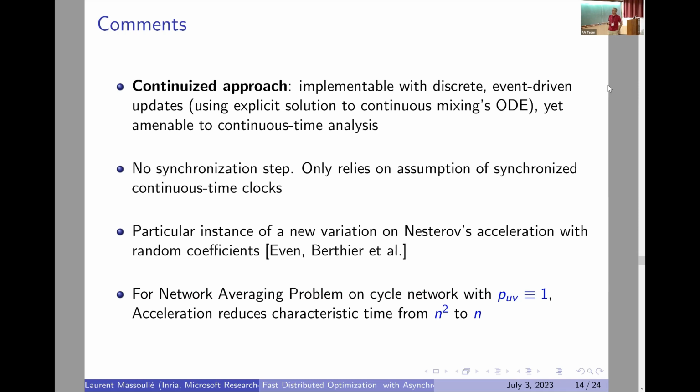So hence the terminology. And what we mean by that is that they apply to some schemes that are discrete in nature. So we wait for some continuous time. Then at the time where we want to do an update, we may solve the ODEs for the values that are involved in that update, and we do a discrete change.